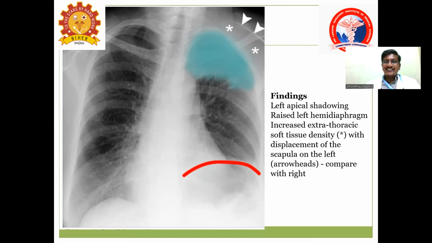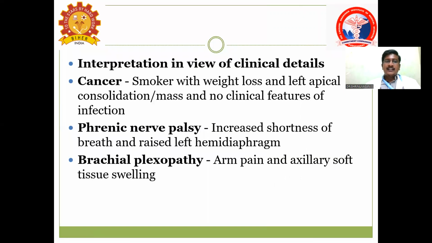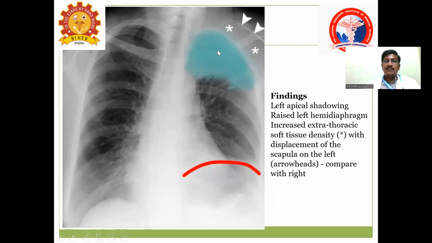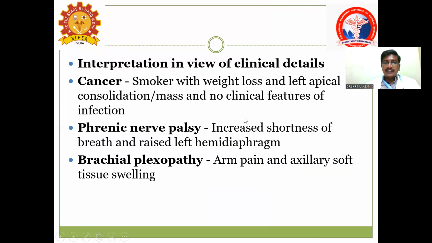Can you guess what is this? Yeah, this is the malignancy. So this is a Pancoast tumor with the destruction of rib and resulting in phrenic palsy, which results in elevation of the hemidiaphragm. So what are the findings? From the history, he is a smoker with weight loss, and you are seeing a left apical subtle mass.